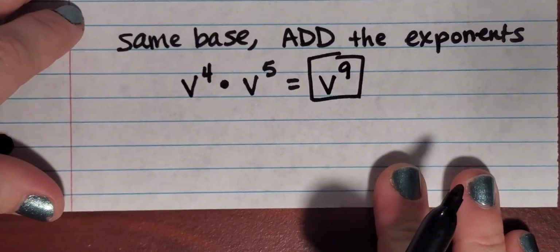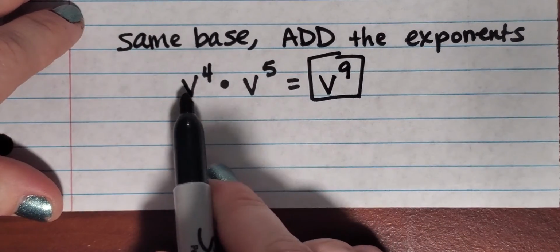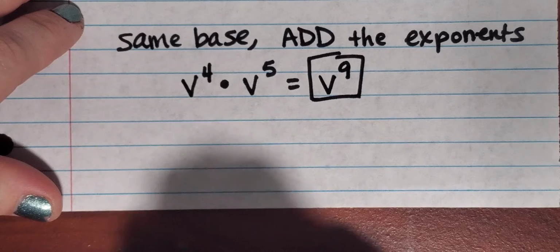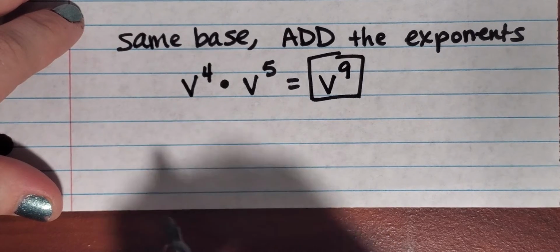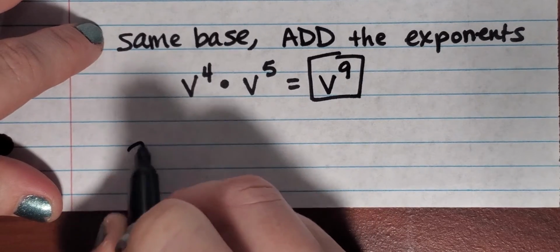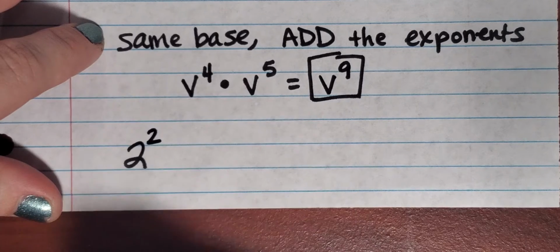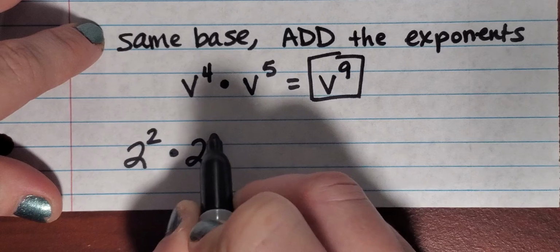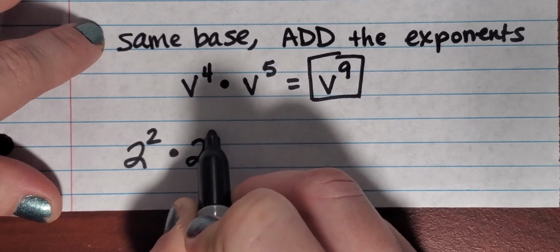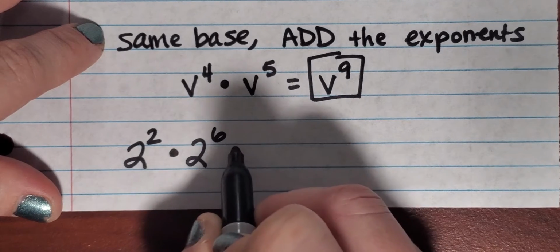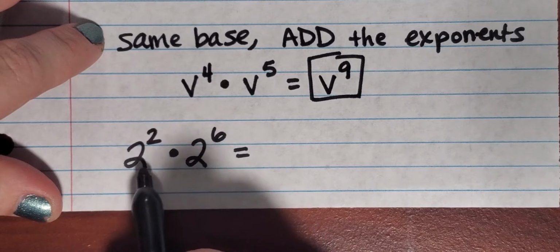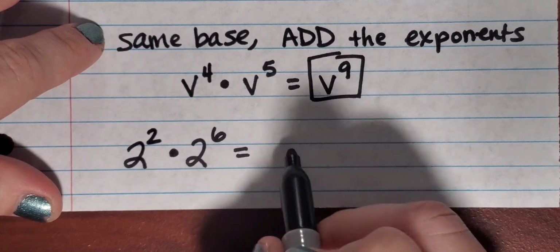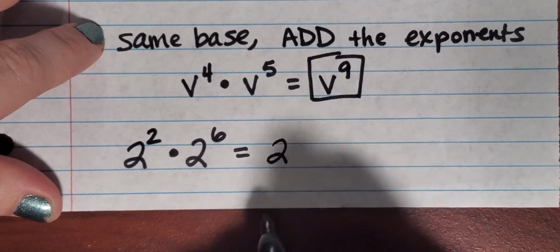This is also going to work with bases that are not variables, but actual real numbers. So if I have 2 to the 2nd power times 2 to the 6th power, I know that I can still add my exponents, so I would still have a base of 2.